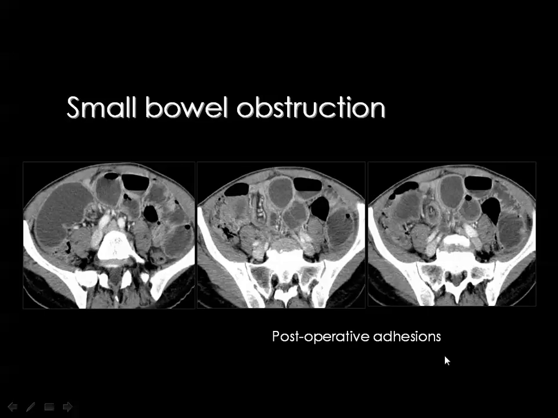One of the values of CT scan is that you can exclude any detectable mechanical obstructive lesion like intussusception and tumors, for example. But in many cases you cannot see an obstructive lesion, and in this condition you may assume that the cause of obstruction is most likely the sequelae of adhesions, especially if the patient had a history of previous abdominal surgery.